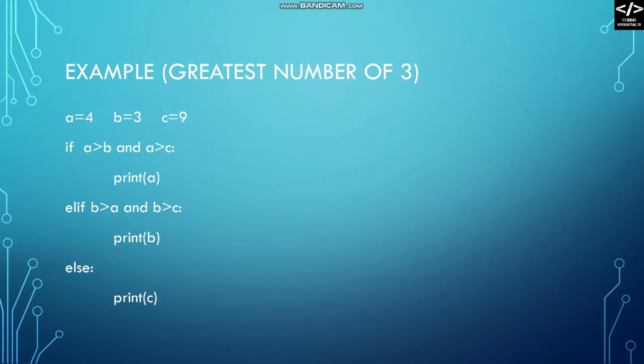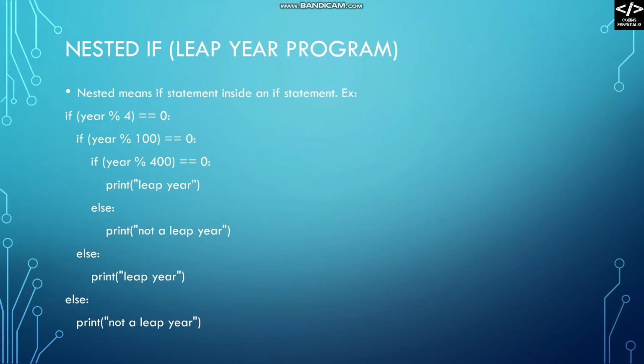Okay, moving on to nested if. Nested means an if statement inside an if statement. For example, we will take a leap year program. There are three conditions to check whether the year is a leap year or not.